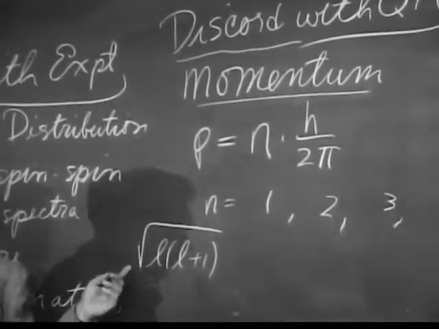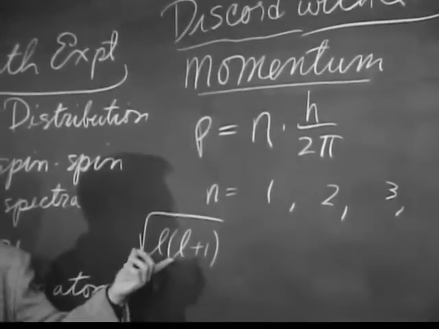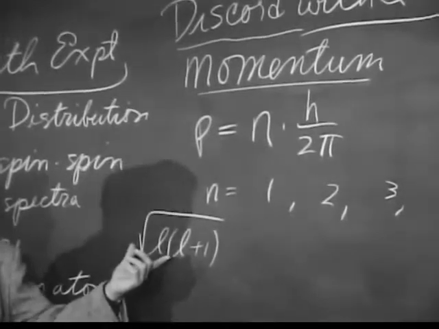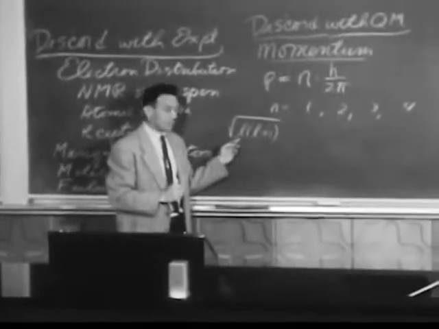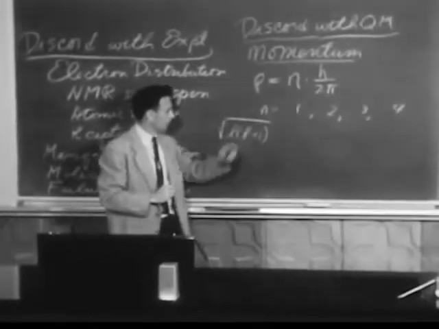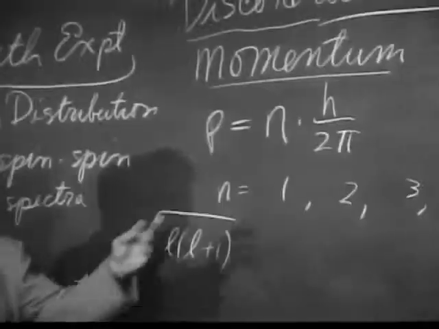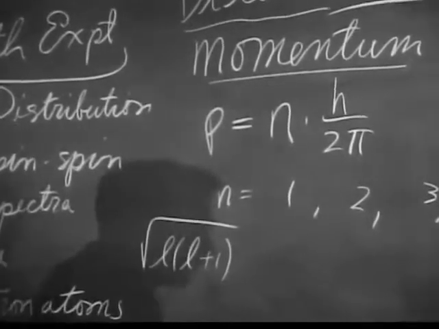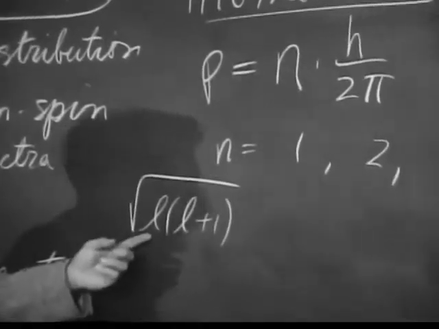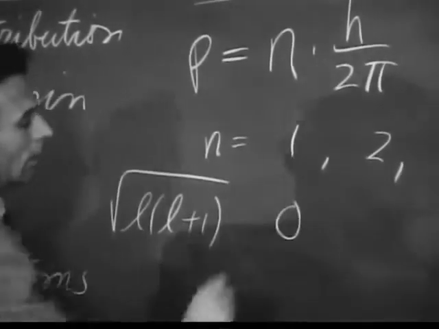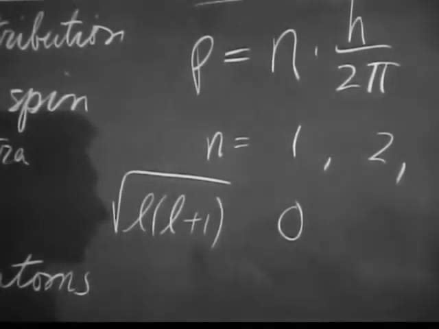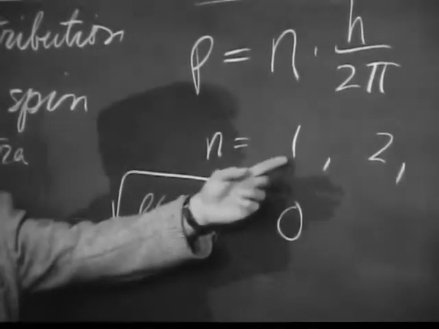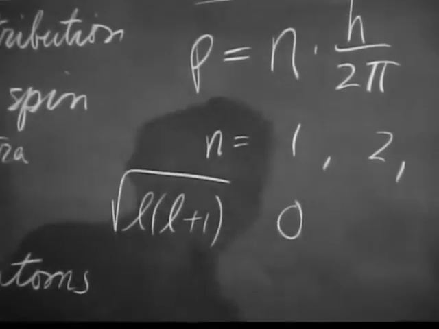This is the value of the momentum ascribed to the atom in its various states, and L can take on values from 0 up to n minus 1. For example, when n is equal to 1 in the quantum mechanical model, L must be 0. And so the angular momentum associated with the 1s state is 0 in the quantum mechanical model, rather than 1 as Bohr had to assume.